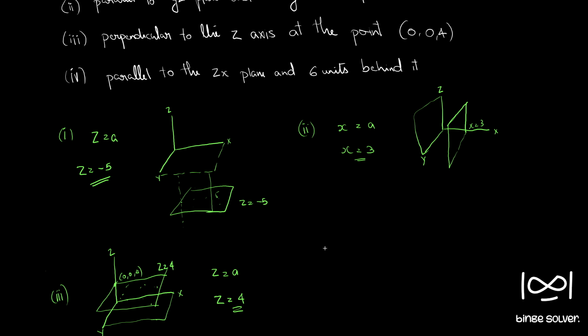Now our fourth equation: a plane parallel to the zx plane and 6 units behind it. As we just discussed, any plane parallel to the zx plane will be of the form y equal to a.